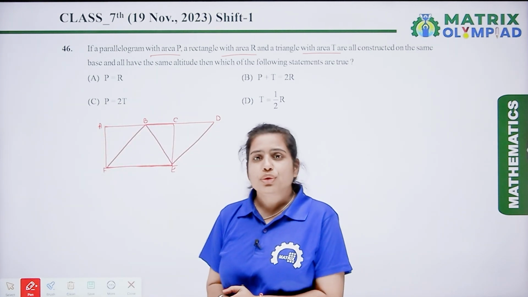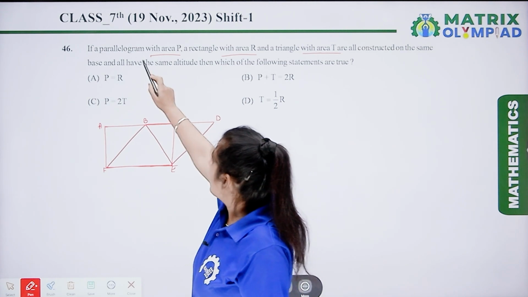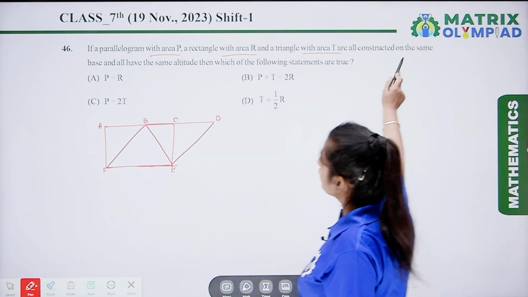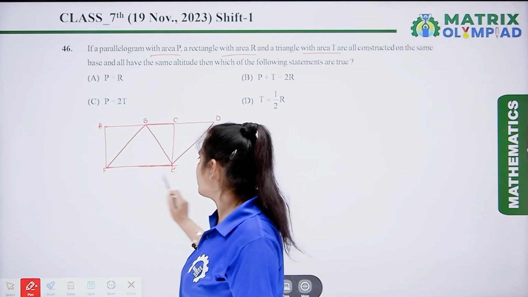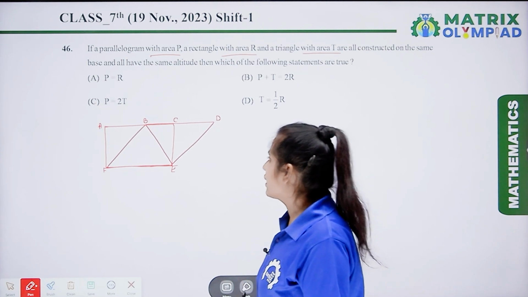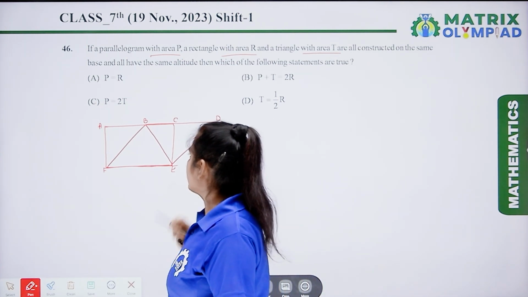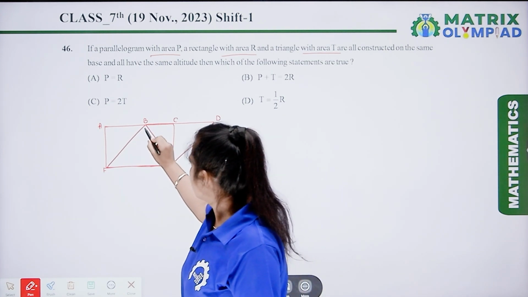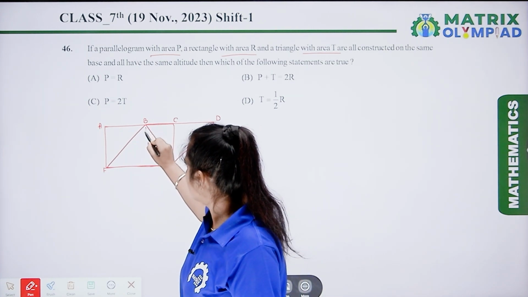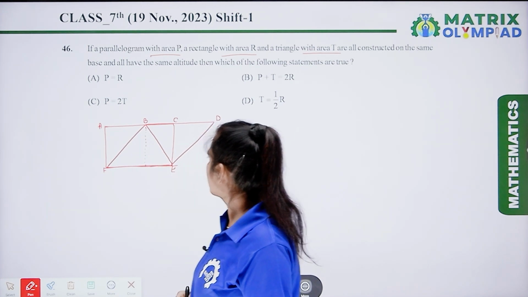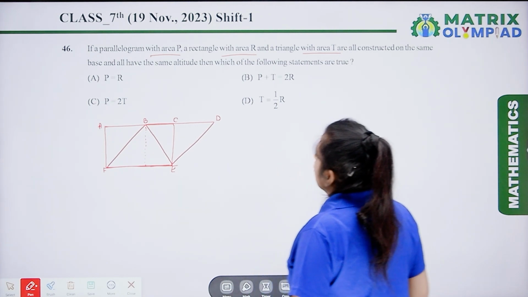Now, according to the question, parallelogram, rectangle, triangle, all are constructed on the same base. So, FE is the base from which these 3 diagrams are drawn, triangle, rectangle and a parallelogram. And they have the same altitude. So, here the altitude of the triangle is also the same.